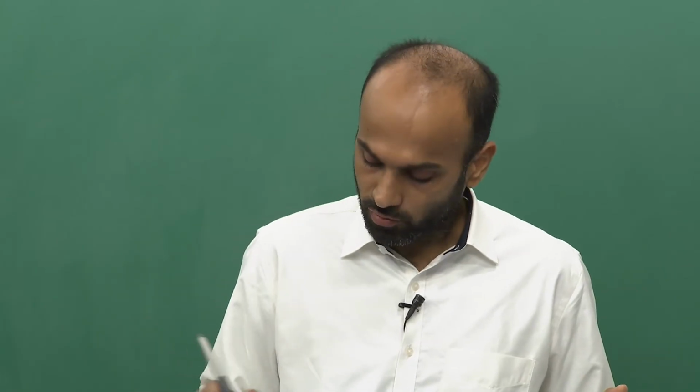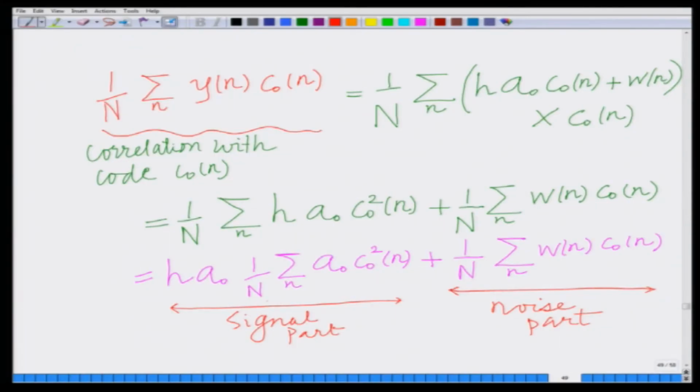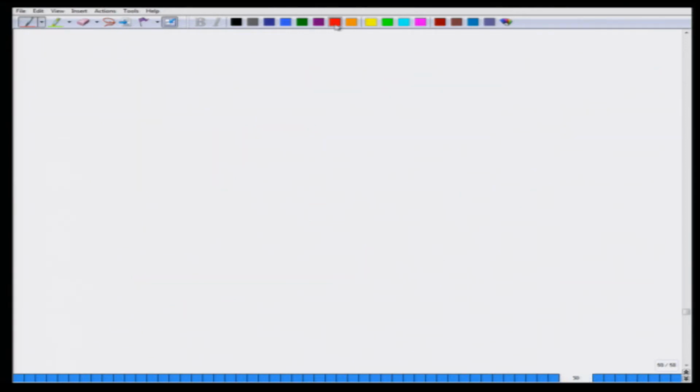and the noise part. Now, if you look at the signal part, we have 1/N summation over n of c0 squared[n].